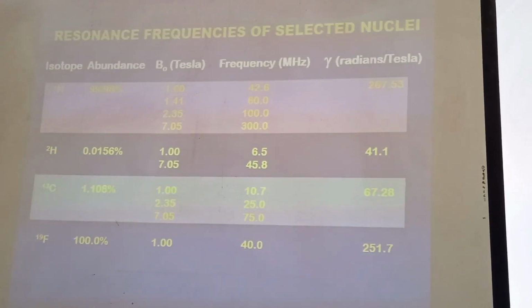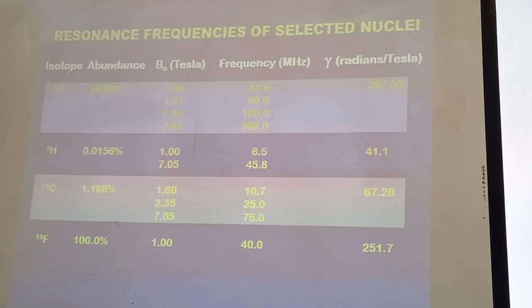Which means that if it is more sensitive, the energy gap between alpha and beta state for a particular magnetic field strength is greater for proton than for carbon-13. Yes. So if it is greater for proton, it means a larger excess population. If it is smaller for carbon-13, it means a lesser excess population.